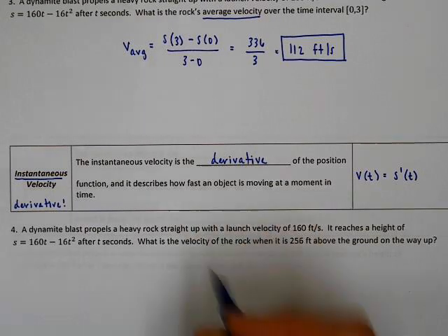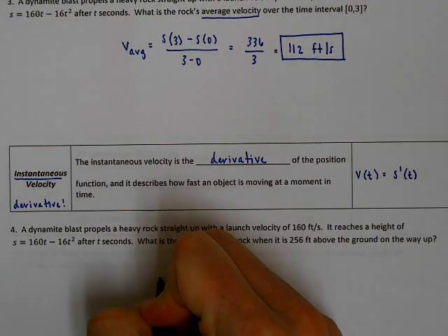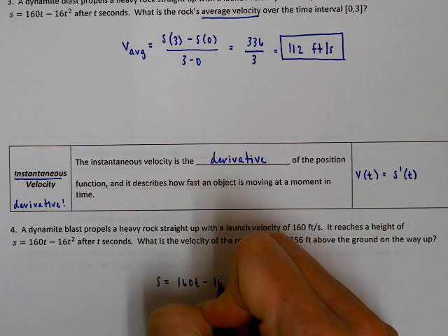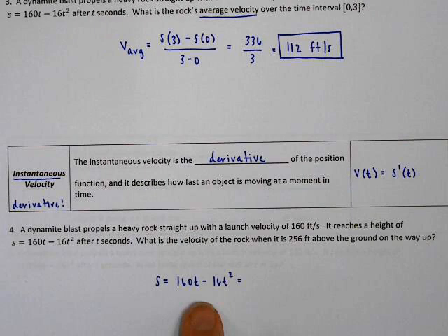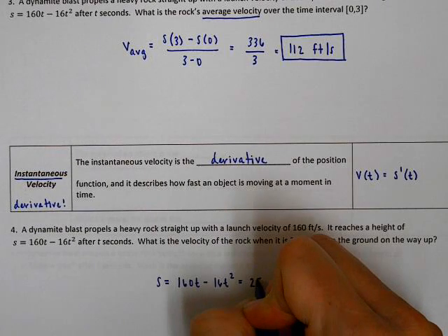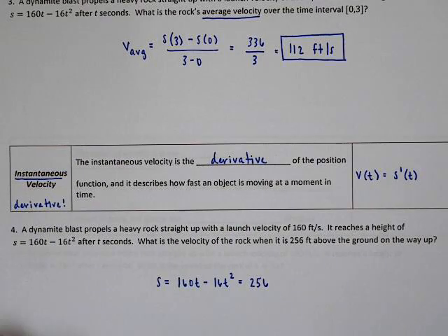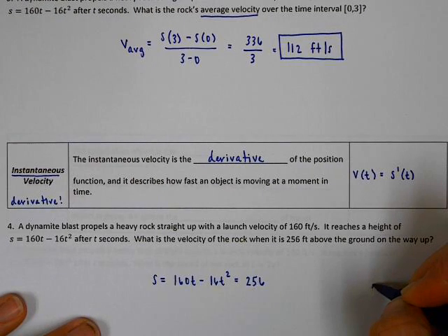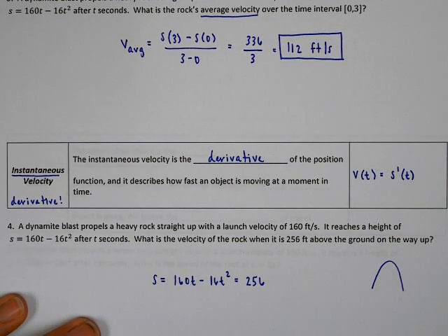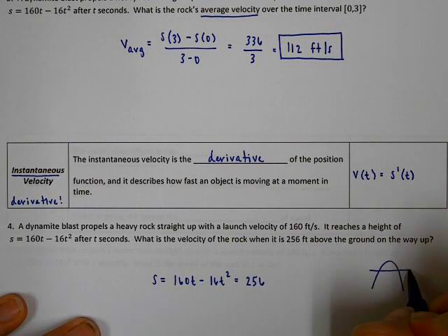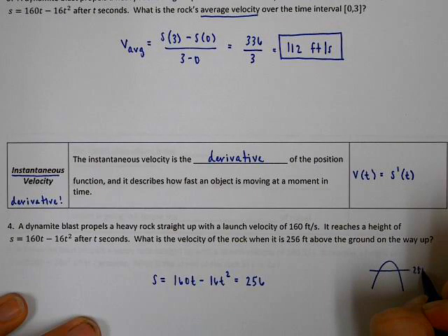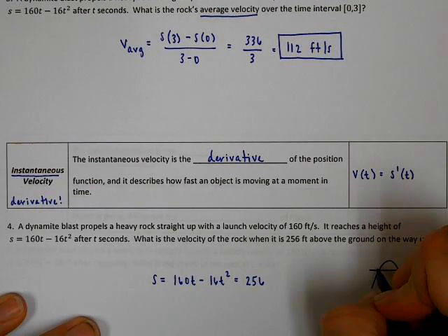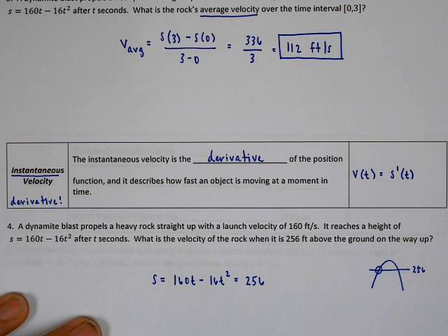So the first thing I need to do is figure out when my rock is at 256 feet above the ground. Now, if I'm thinking of a rock, I know this is going to be launched up and it's going to come back down. So I'm going to hit 256 feet at two different points. However, if I want it on the way up, I know I'm looking for this point here.